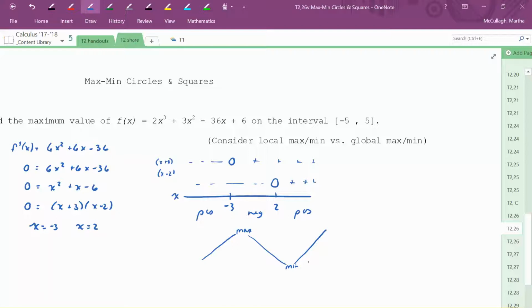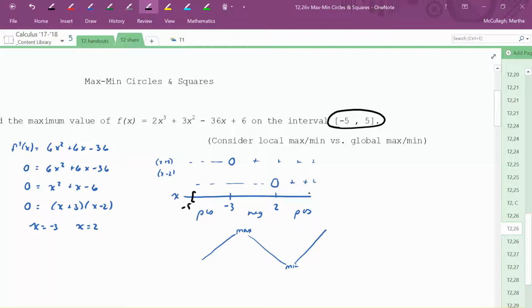That's great, but this would be a local maximum, this is a local minimum, and this may be our global maximum, this may be our global minimum, but we don't know how high we're coming up on this hill. We don't know how low we're going down before we started up this uphill. So we're going to come back to our interval of -5 to 5.